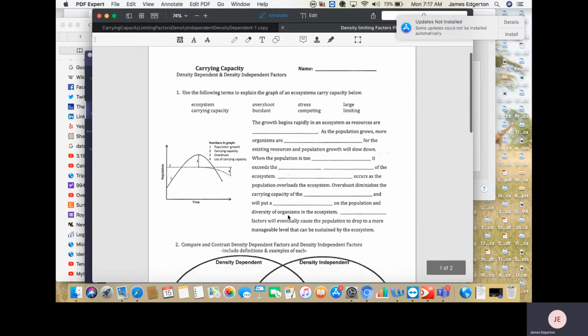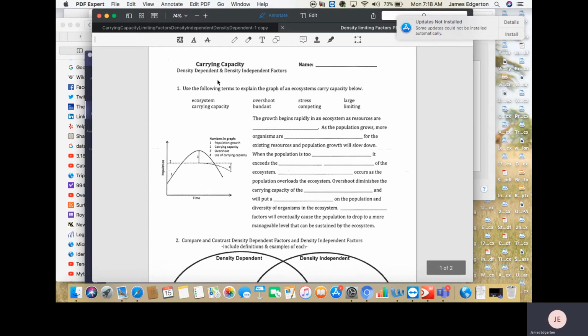What you need to know is the difference between a density dependent limiting factor and a density independent limiting factor. If you have an ecosystem, and I like to use the deer outside of our school, you have a population of deer.